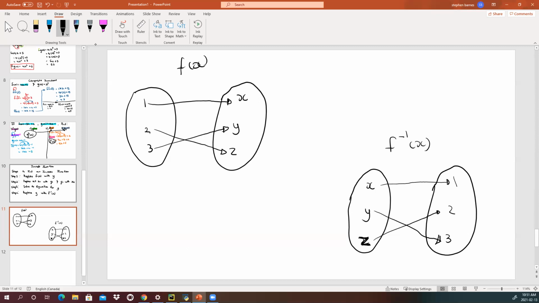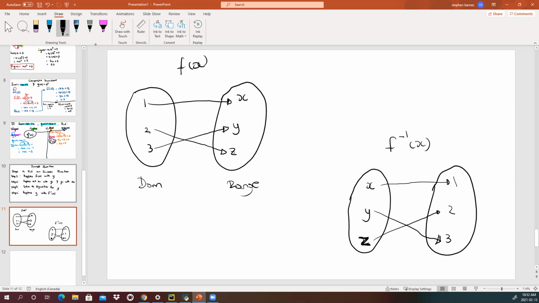Let us say we have this function f of x in which 1 maps to x, which means these would be the domain values over here, and these would be the range values. So 1 maps to x, 2 in the domain maps to z in the range, and 3 in the domain maps to y in the range.